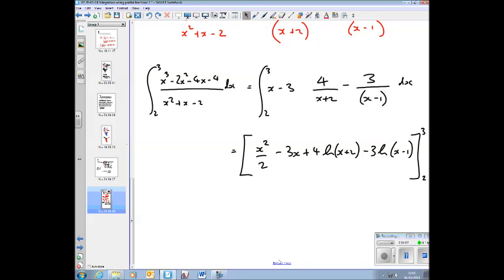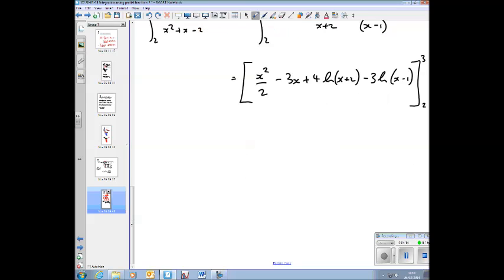So all I have to do now is plug in 3 and then 2 and work out what the solutions are for each bit. So I use curly brackets and put the top limit in.